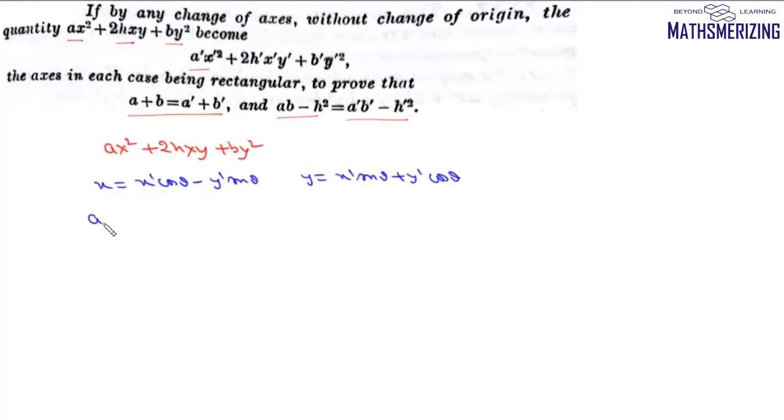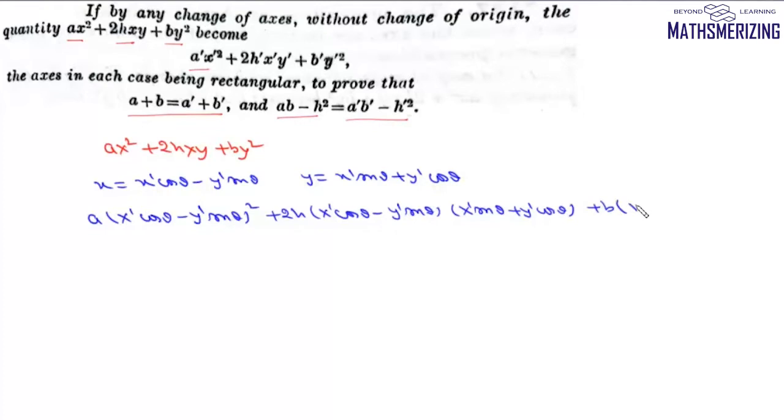So now this equation will become a times (x dash cos theta minus y dash sin theta) whole square plus 2h times (x dash cos theta minus y dash sin theta)(x dash sin theta plus y dash cos theta), and plus b times (x dash sin theta plus y dash cos theta) whole square.